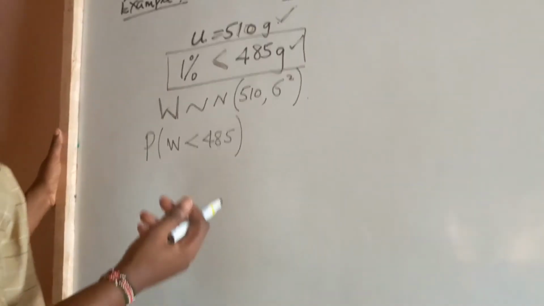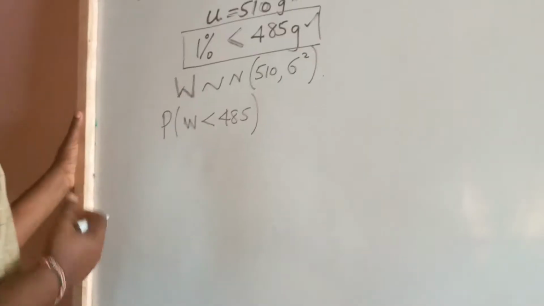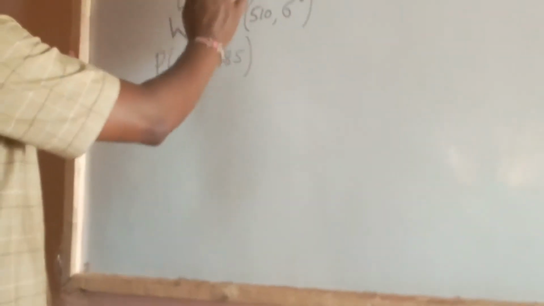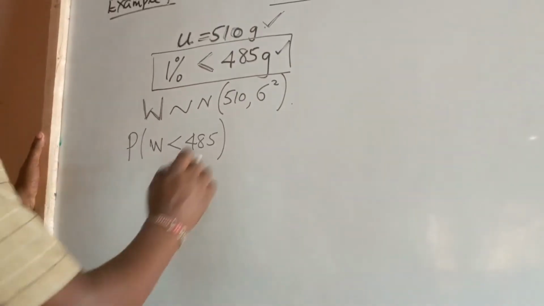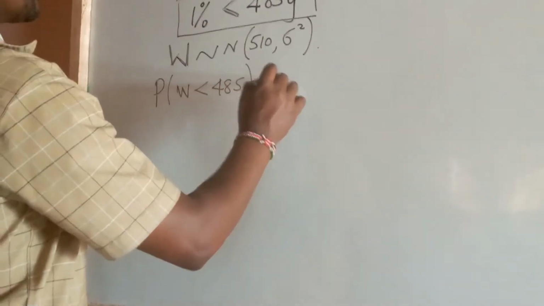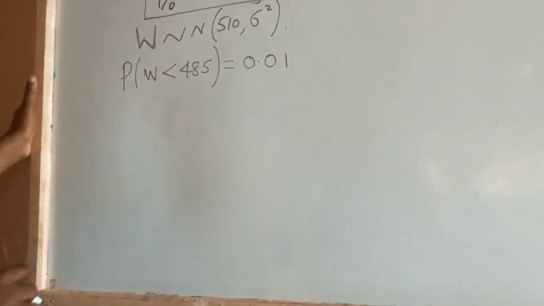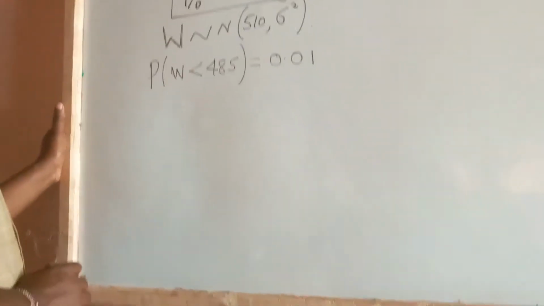But of course, normal distribution does not deal with percentage. It deals with probability. But what is 1% in decimal form? Of course, this is 0.01. Fine. What does that mean?